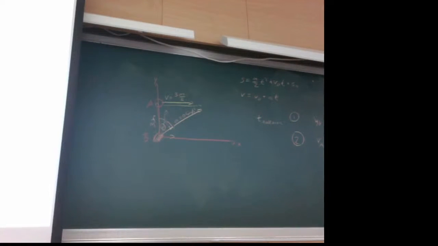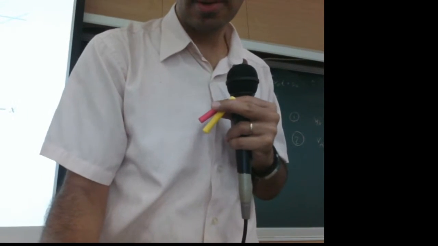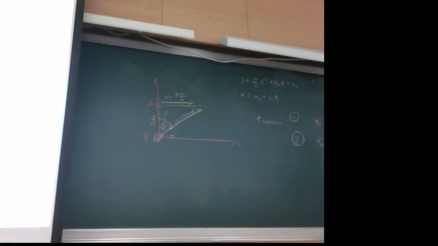I can calculate it. 30 over 18 times 0.4. 30 over 18 over 0.4. 4.2. What's the unit? This meter cancels against that meter, so all these meters cancel out.